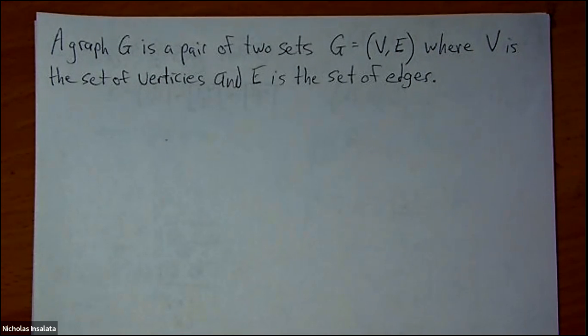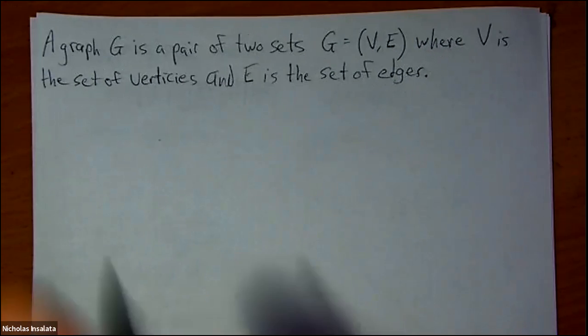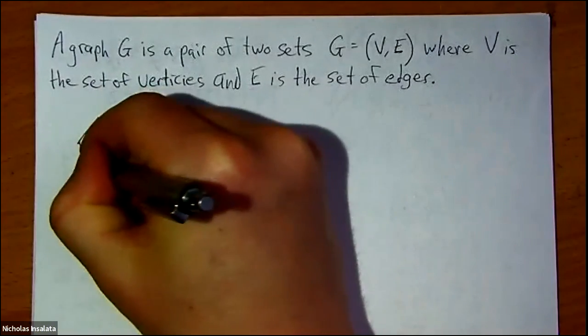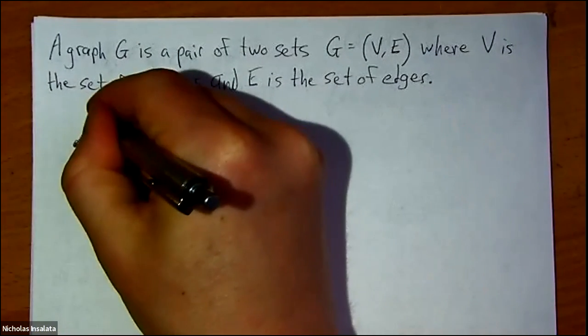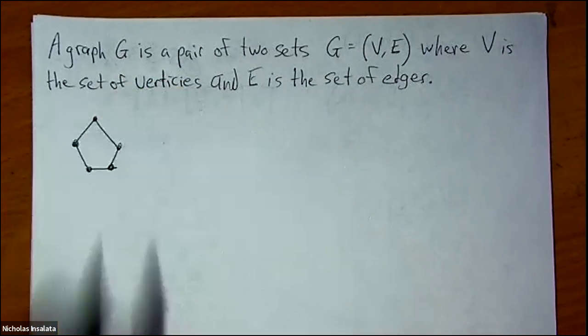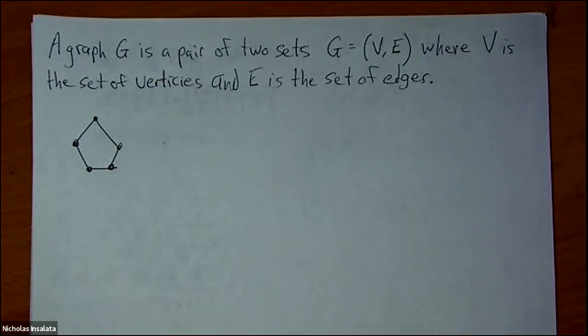So an edge, well, maybe we should talk about what's a vertex and what's an edge before I get more formal here. Let's talk informally about what's a vertex and what's an edge, right? So if I have a graph like this, the dots are the vertices and the lines are edges.